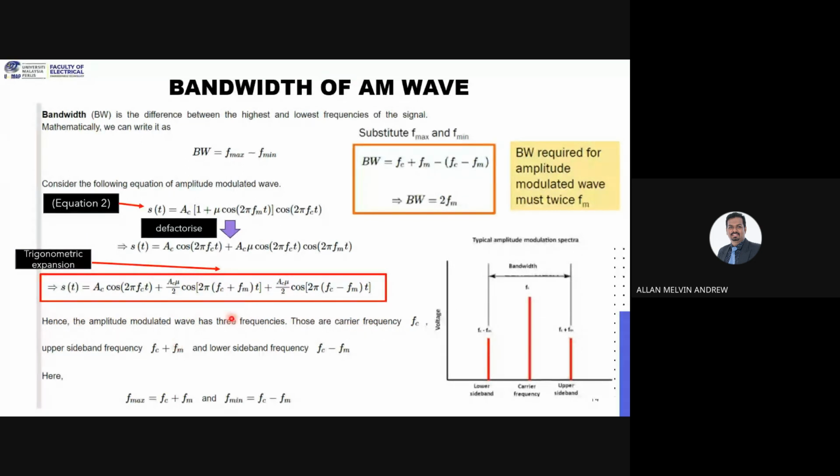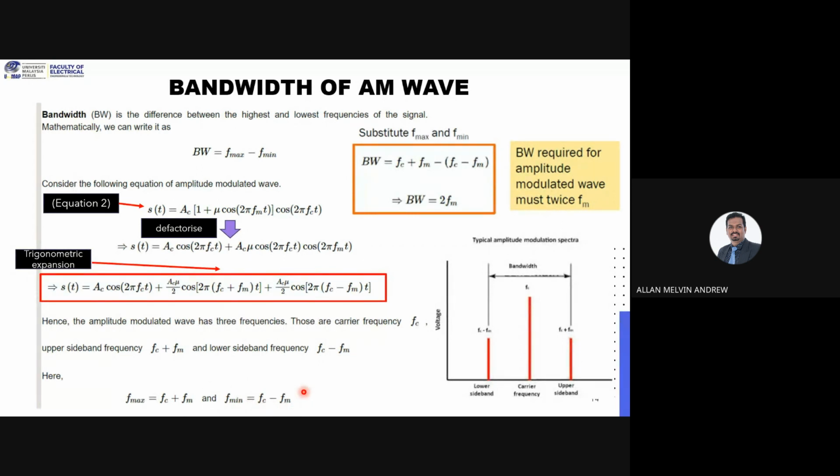Then fc plus fm we call the upper sideband frequency, which is f max. And the lower sideband frequency, or f min, the minimum frequency, is fc minus fm.